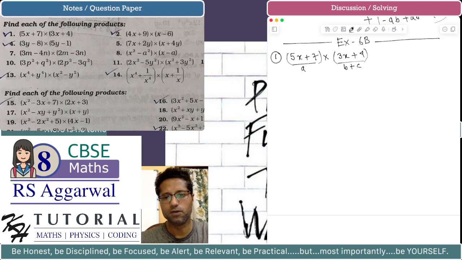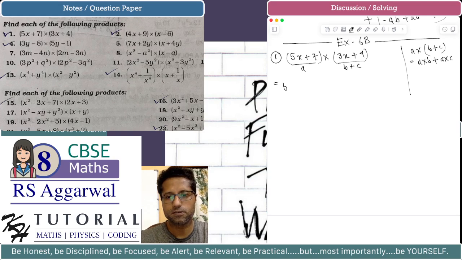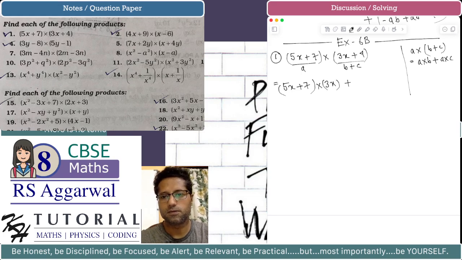So I know that A multiplied by B plus C is equal to A multiplied by B plus A multiplied by C. So this will be 5x plus 7 multiplied by 3x plus 5x plus 7 multiplied by 4.